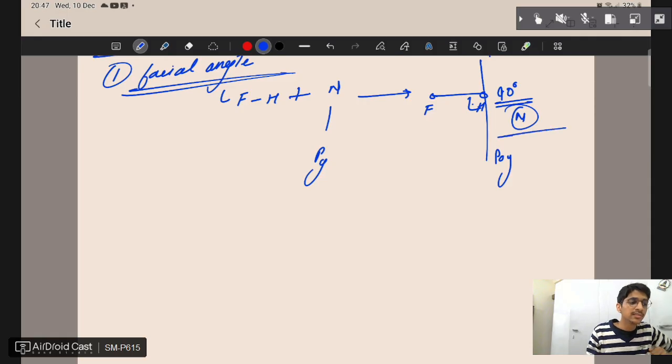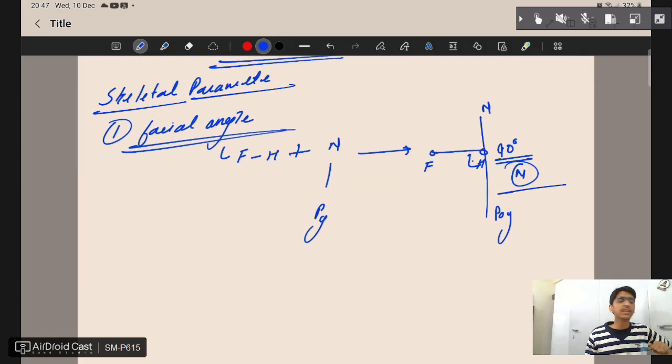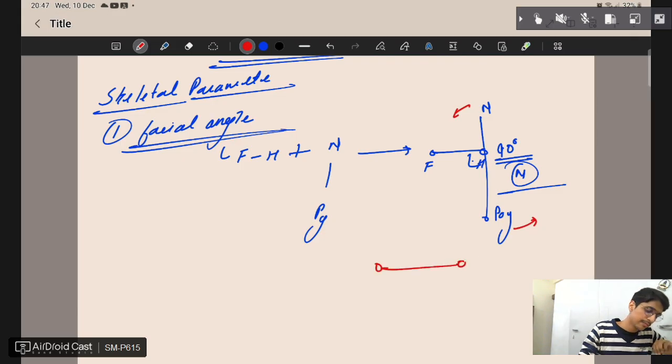But what happens if the jaw is prognathic? If the mandible is prognathic, that means Pogonion will be ahead of Nasion. This will be lagging behind, and this will be ahead. Imagine a class 3 situation. So this angle becomes like this, sorry, not FH, NPOG.